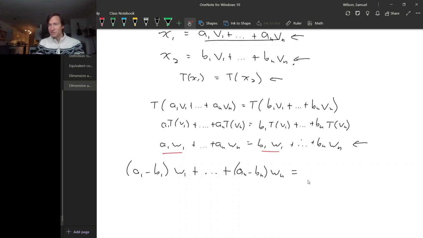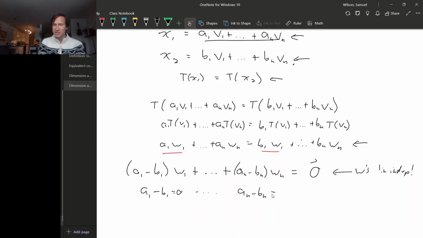And there's nothing left on the right-hand side, so it's just the 0 vector. Well, look, here we have a linear combination of the w's equal to 0. But the w's are linearly independent. That means that all of these coefficients have to be 0. So a1 minus b1 is equal to 0, and so on, all the way down to an minus bn has to be equal to 0.